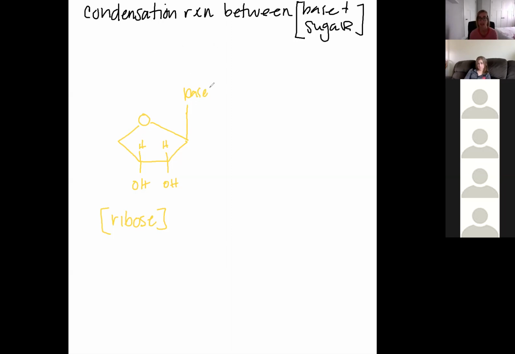If I have an N based pair on here for my base, if my base has an N to it, what kind of bonding is happening here? Hydrogen. Okay, so there's hydrogen bonding. And what else? So we're saying that it's a condensation reaction.